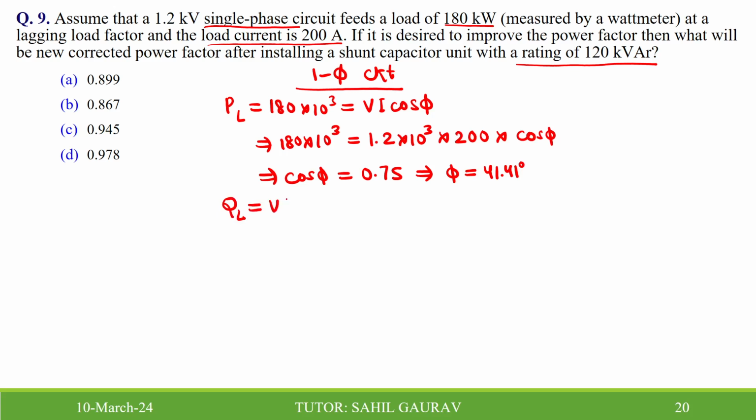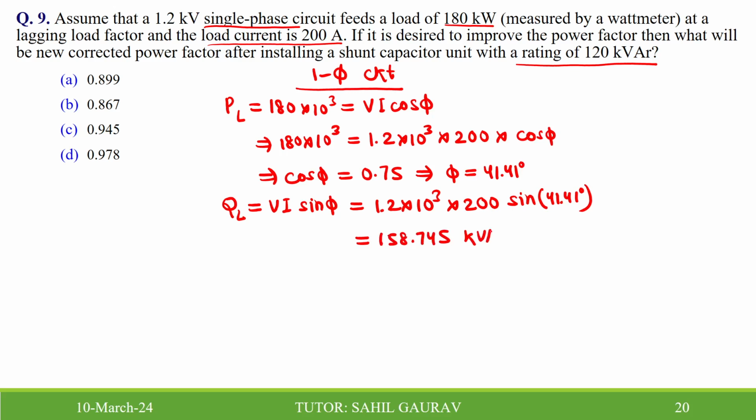From here we can find the reactive power of the load. So VI sin phi, 1.2 kV into 200 ampere, sin 41.41 degree will be 0.66. So it will give you 158.745 kVAr. So this is the reactive power of the load.